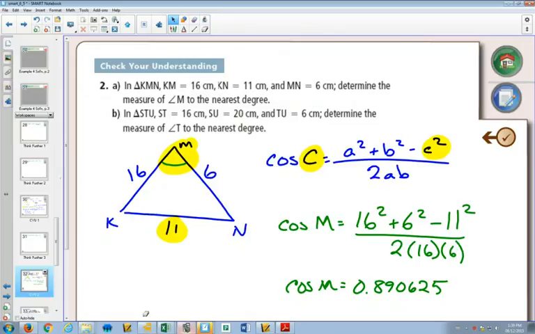Now, according to our CAST rule, cos is positive in quadrant 1 and quadrant 4, but there's never really the same kind of ambiguous case with cosine, because if we take the answer in quadrant 4, it never makes sense for a triangle, because triangles have to add up to 180 degrees. So the only angle we'll look for is that one in quadrant 1. Now how do we find an angle?